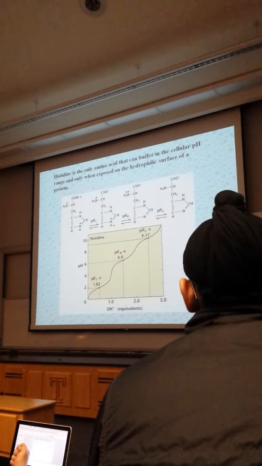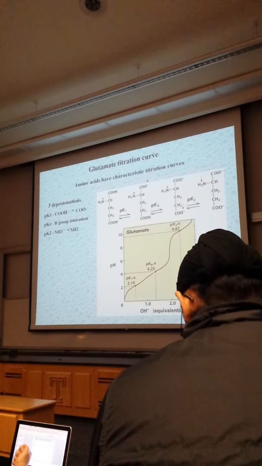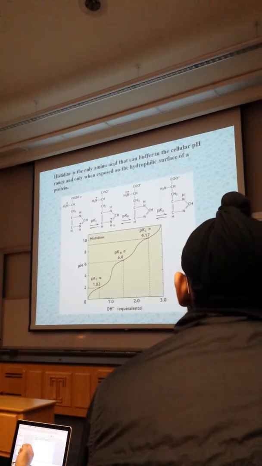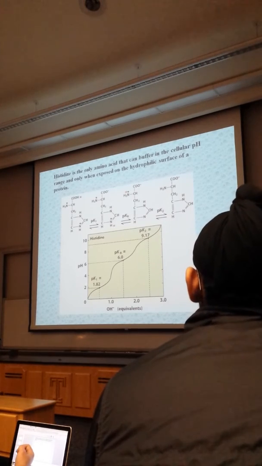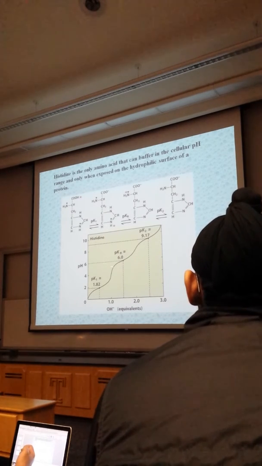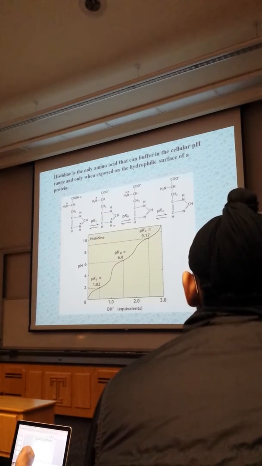And what you'll see again is very similar to the kind of titration curve that we see with glutamate. pK1 is usually a low background pH. pKr, in the case of histidine, is close to what you find in blood and the cytoplasm of cells. And then pK2 always is very, very high.